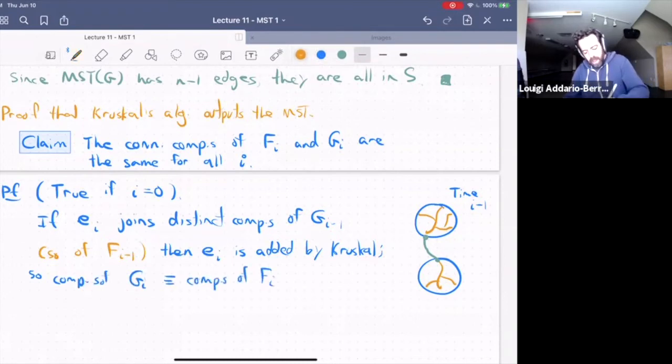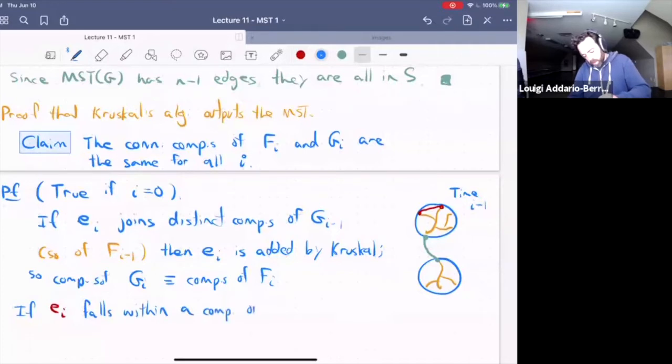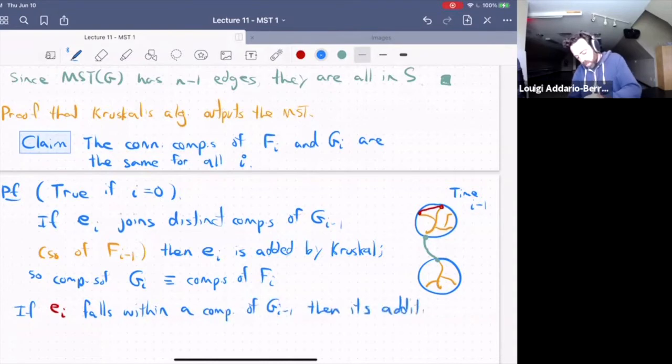Okay, and on the other hand, if the edge falls within a component of G_{i-1}, so an edge which does not get added by Kruskal's algorithm, then its addition doesn't change the component structure. Whether you add it or not leaves the component structure unchanged.